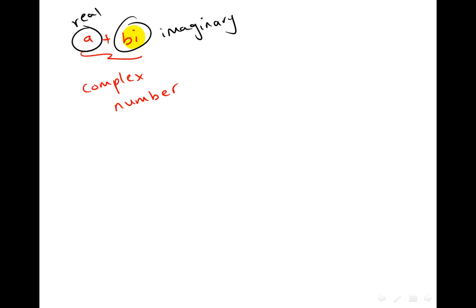Okay, what's the idea of an imaginary number? This i represents the root of -1. In real numbers we used to say that if you have a negative under the root, then there is no solution. Now in complex numbers, the root of -1 will be i, an imaginary number.